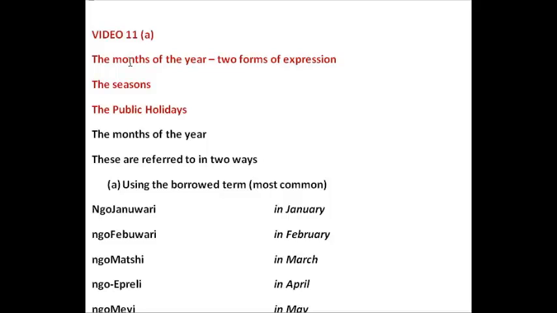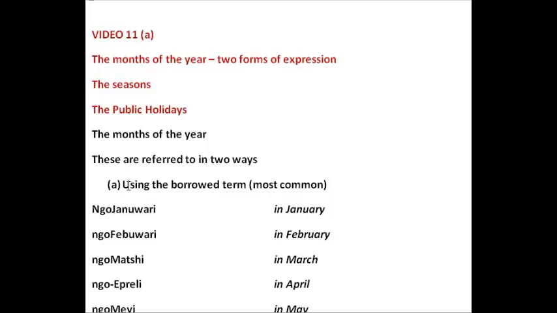Let's look at the months of the year again. Only this time there are two forms of expression which we're going to look at, the seasons and the public holidays. First of all, the months of the year. We can go through this section quite quickly because we've done this before. The months of the year are referred to in two ways.